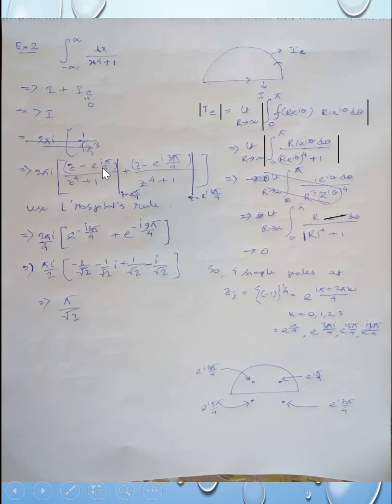If you put here z equal to a root, this will give 0, and this will also give 0 because it is a root. So 4 will give minus 1, and this will be 0. So I will use L'Hospital's rule here. You are already familiar with the rule, right?